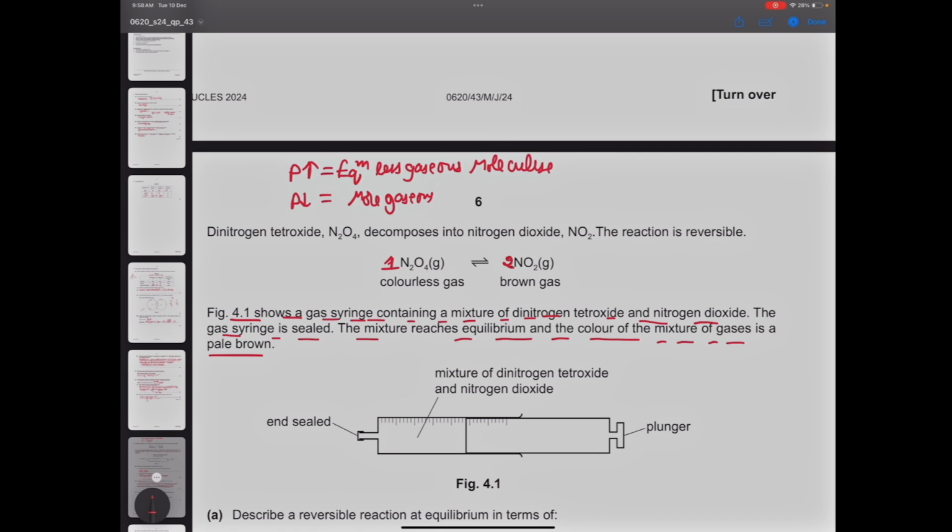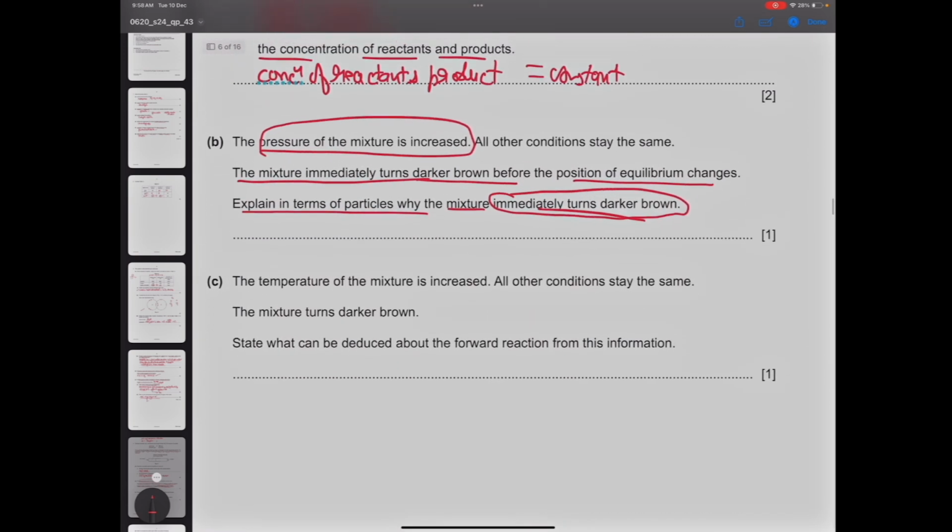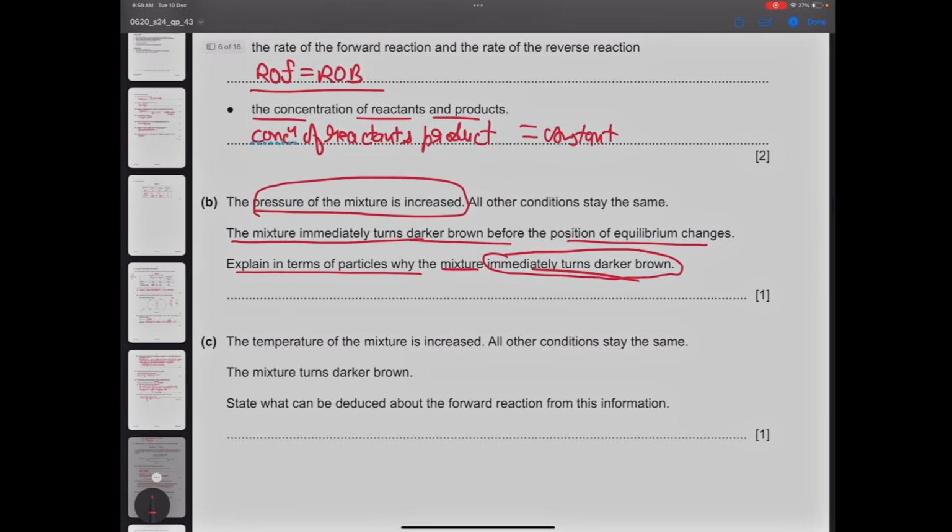Alright, now let's look at the question again. Explain in terms of particles why the mixture immediately turns darker brown. For this, what you can mention is that as you are increasing the pressure, there are more molecules per unit volume.